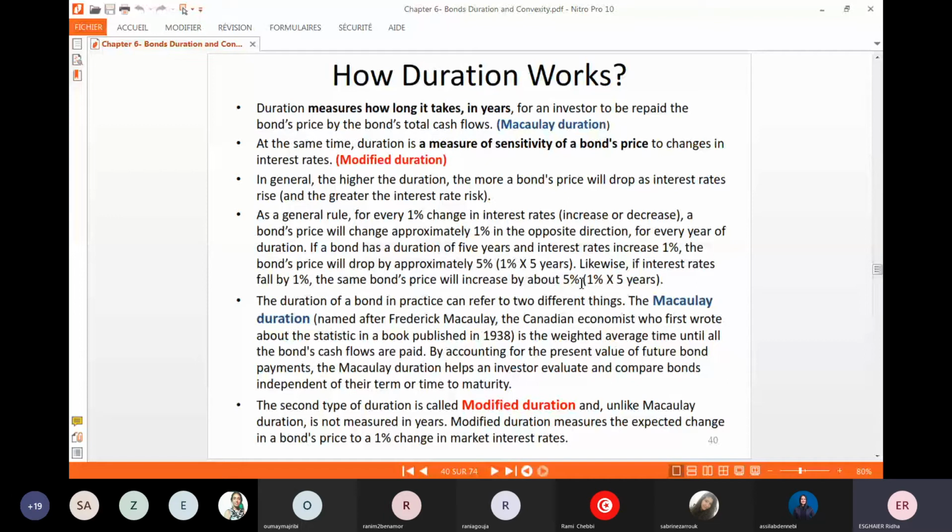If the duration is 5 years, it means that when the interest rate in the market vary by 1%, the value of the bond will vary in opposite direction, of course, by 1% for each year of duration. معناتها البرايس نتاع البوند نتاعك باش يزيد ولا باش يتيح ب 5%. 1% change في الماركت انترست ريت يقابلوا 5% change في الماركت في البرايس اوف ذا بوند. هذايا حسب الديوريشن approximately. يعني نشوفوا examples بعد ونشوفوا exactly how to measure things.